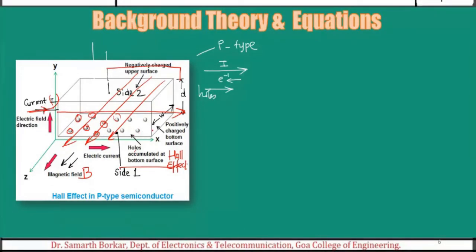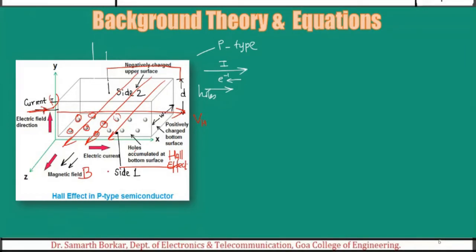So this plate becomes positively charged with respect to side 2. Therefore a potential difference V will develop between side 1 and side 2, and this voltage is referred to as Hall voltage, denoted as VH.